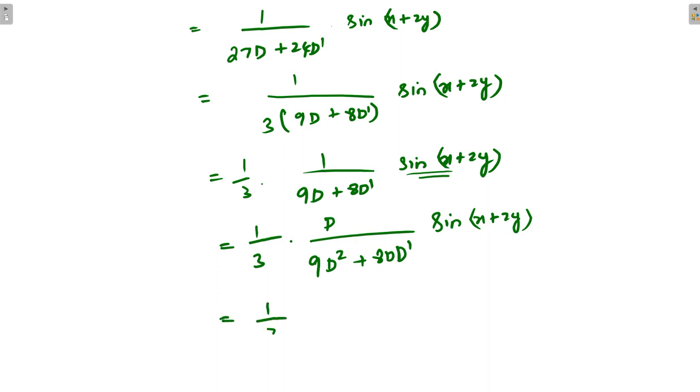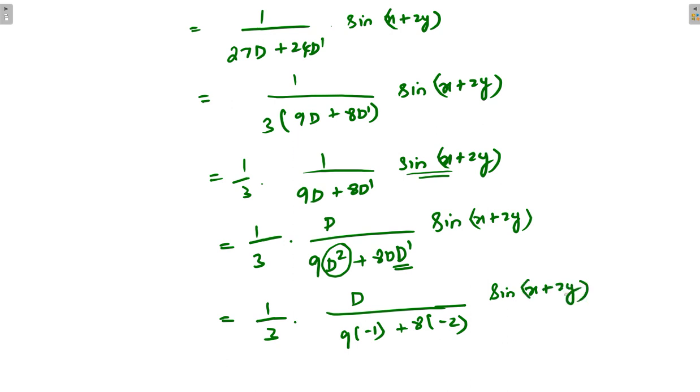Now, instead of D square you can apply minus 1. So D D dash is nothing but minus 2, sine x plus 2y.